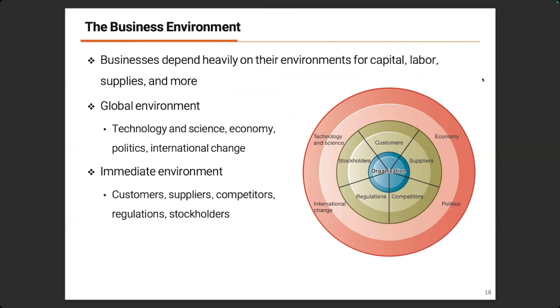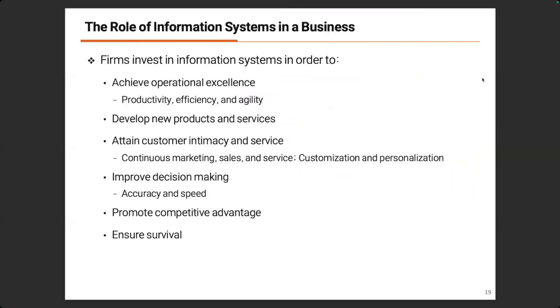Okay, these are the business environment, and so let's look into the role of information systems in a business. So firms invest in information systems to manage their internal production functions and cope with the demands of key actors in their environment.